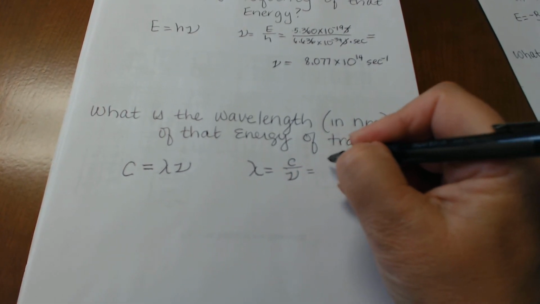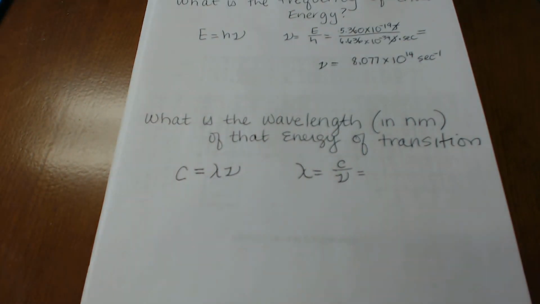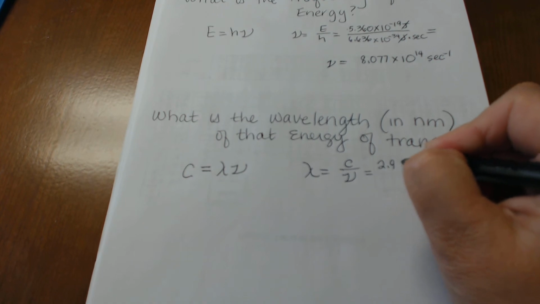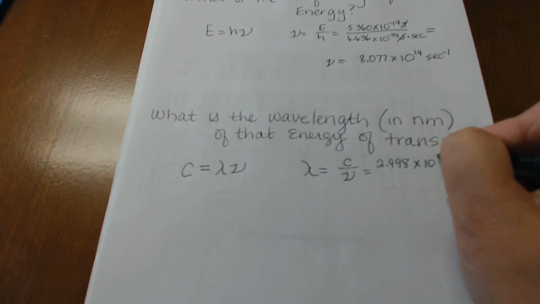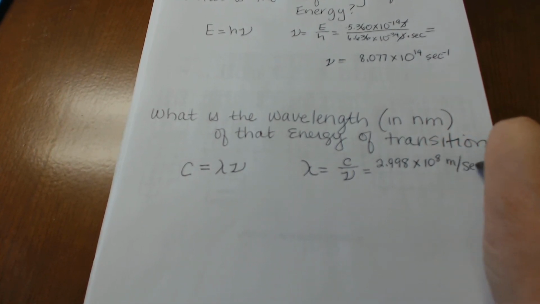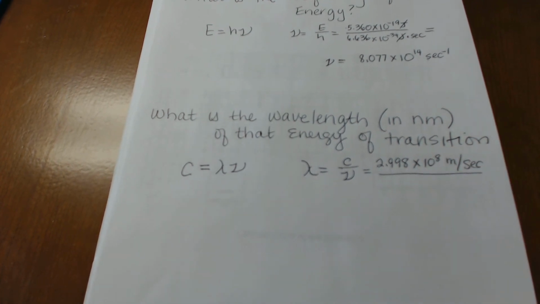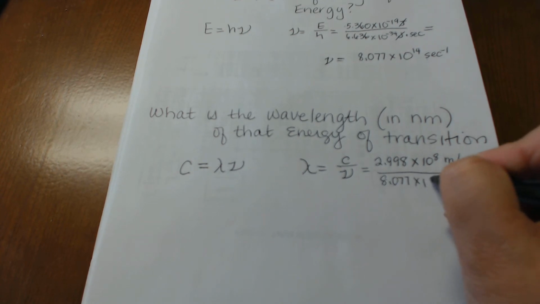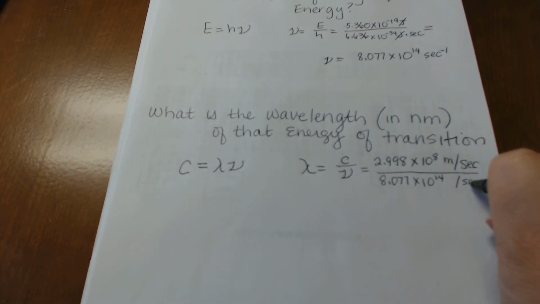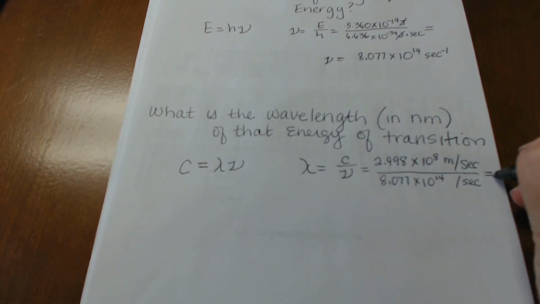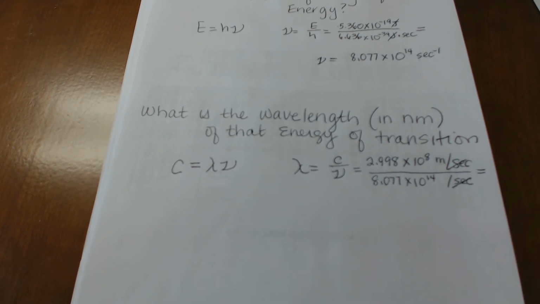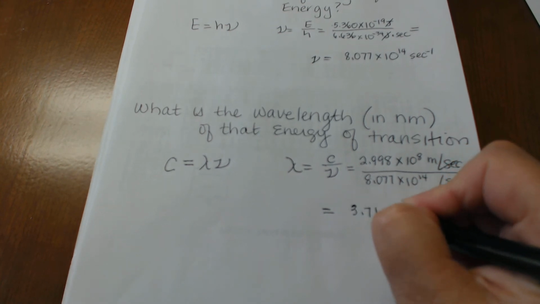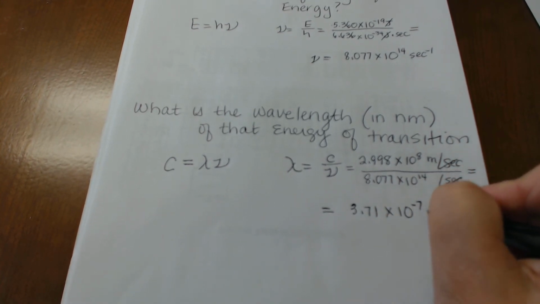The speed of light to 4 significant figures is 2.998 times 10 to the 8th meters per second. The frequency, which we got from up here, is 8.077 times 10 to the 14th inverse seconds. So notice that the inverse seconds this time cancel, and my answer will be 3.71 times 10 to the minus 7th meters.